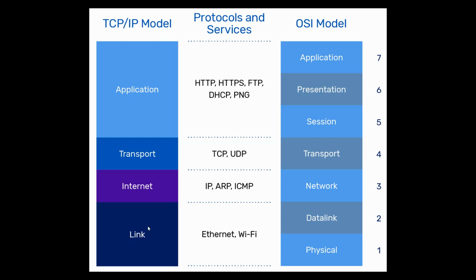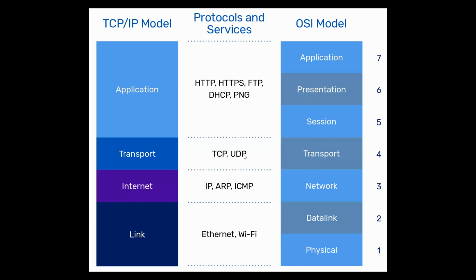So for the TCP/IP model, it combines the first two layers. And normally you have devices like switches, hubs, bridges working at this stage with Ethernet and Wi-Fi protocols working at this stage. On the internet layer, that's where we have Address Resolution Protocol, we have the IP address working.